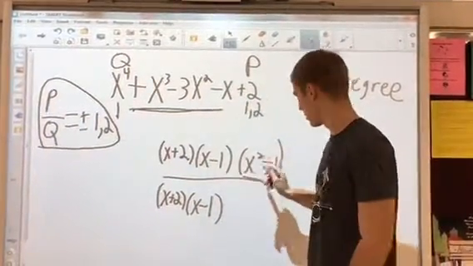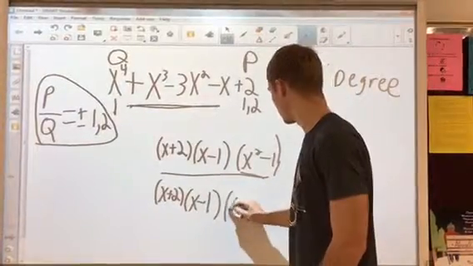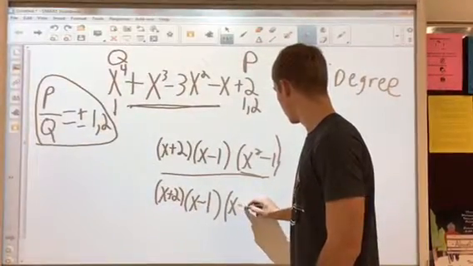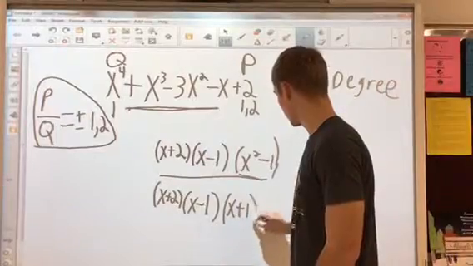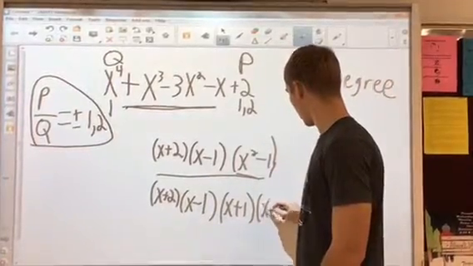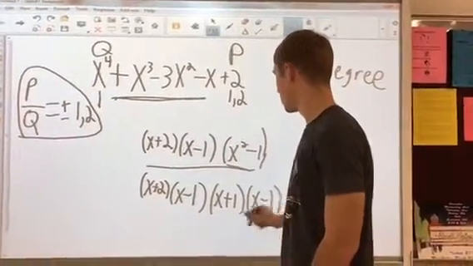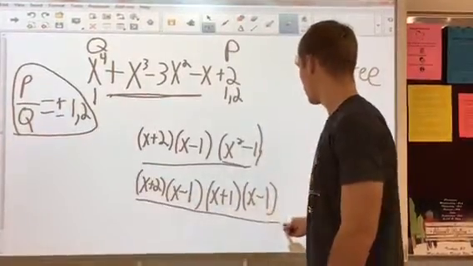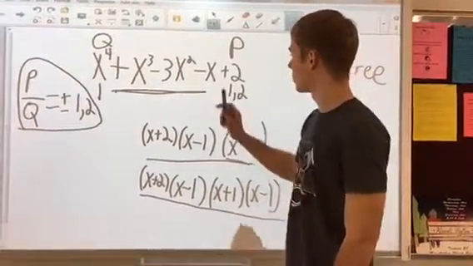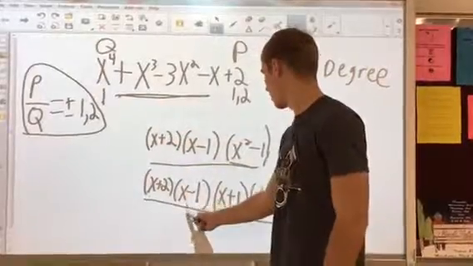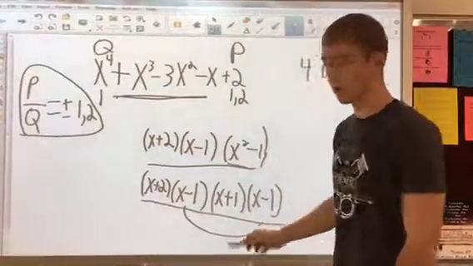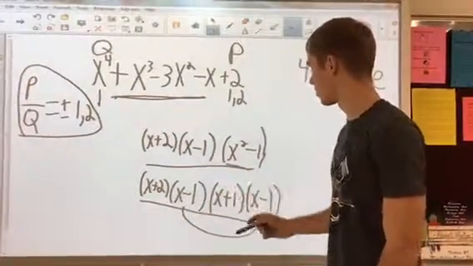Now this is not in the most simplified form. This will factor out to equal x plus 1, x minus 1. Now these are the 4 factors that come together to equal this one. x minus 1 is squared. We can bring those together.